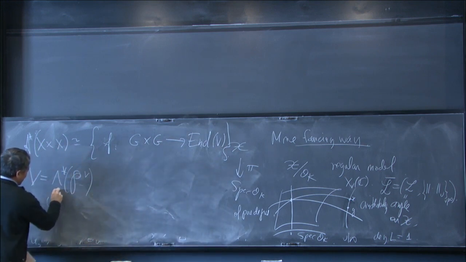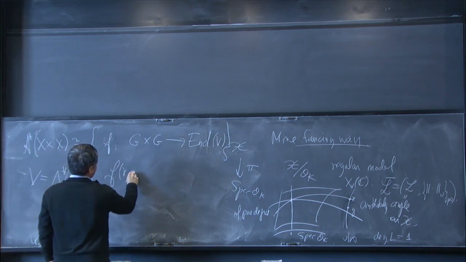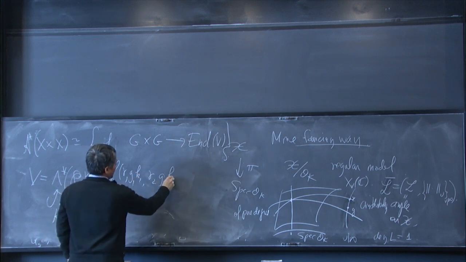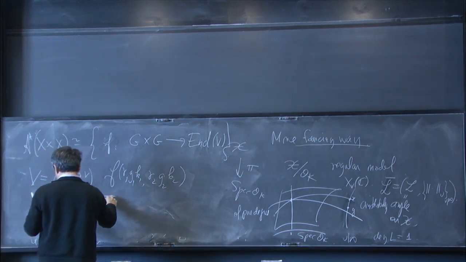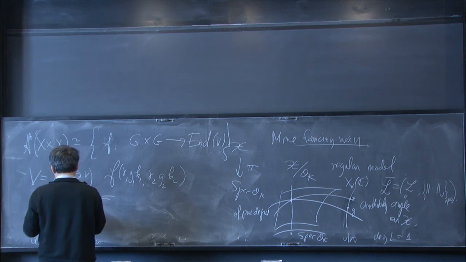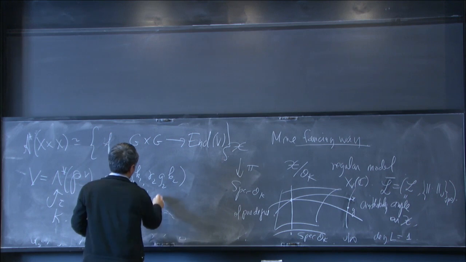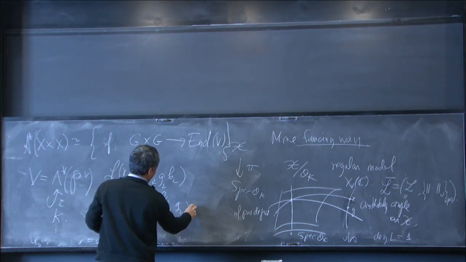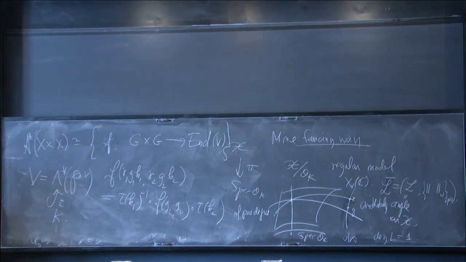This has an action of K, given name tau, such that f(gamma1 g1 k1, gamma2 g2 k2) equals tau(k1) inverse composed with f(g1, g2) composed with tau(k2). Okay?